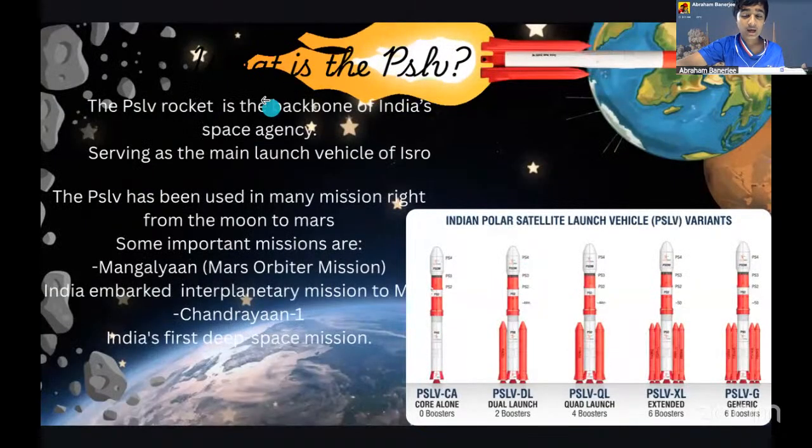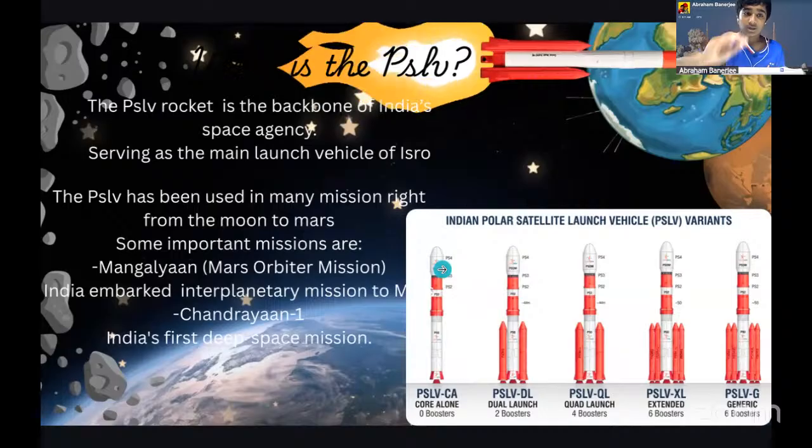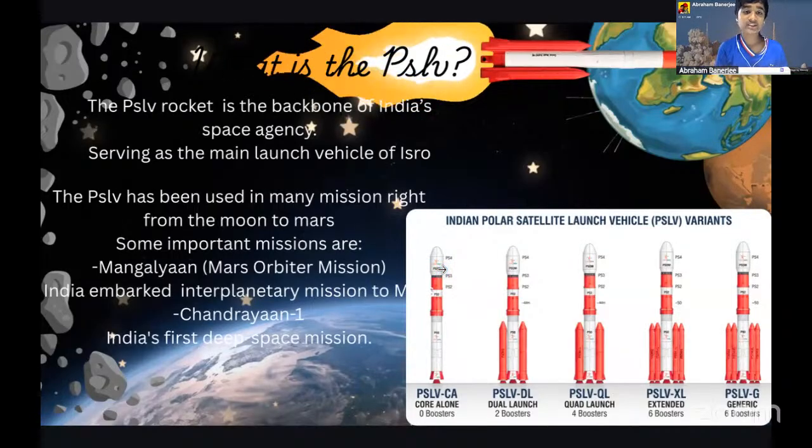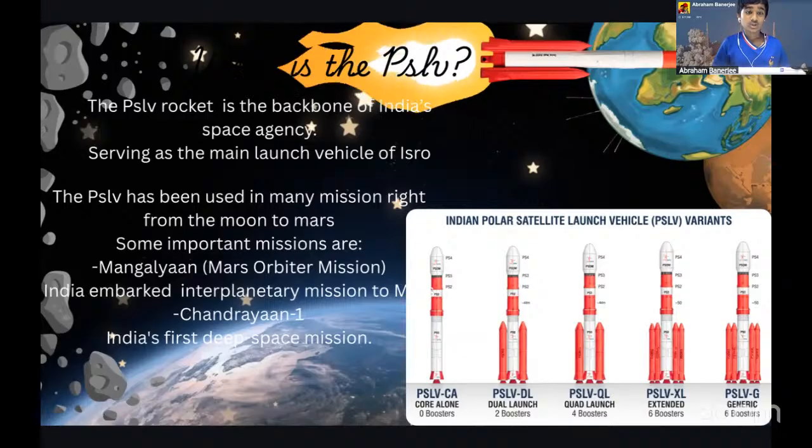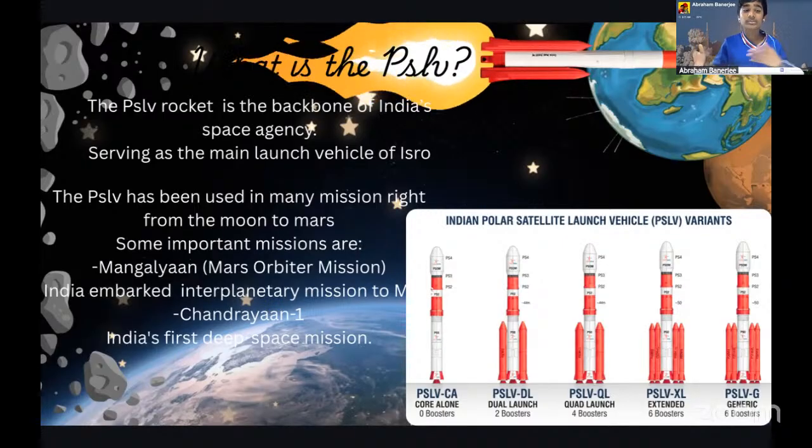I want to talk about ISRO's main vehicle today, the backbone of ISRO, the PSLV. You must be asking me, what is the PSLV? The short form for the PSLV is the Polar Satellite Launch Vehicle. The PSLV serves as the main vehicle of ISRO, and it has carried many important missions.